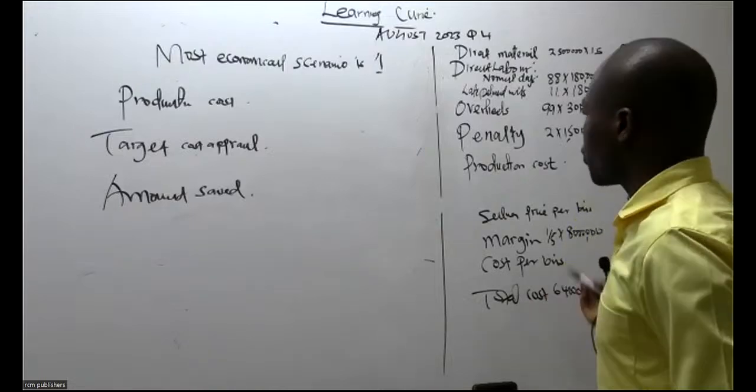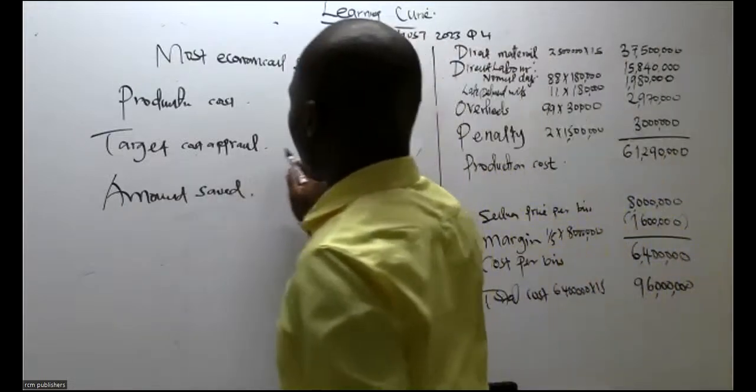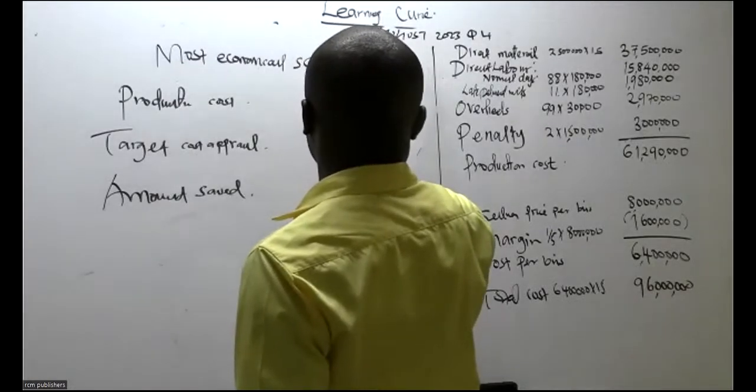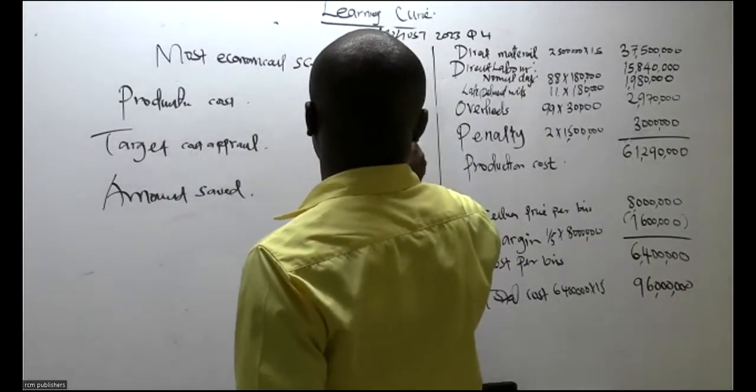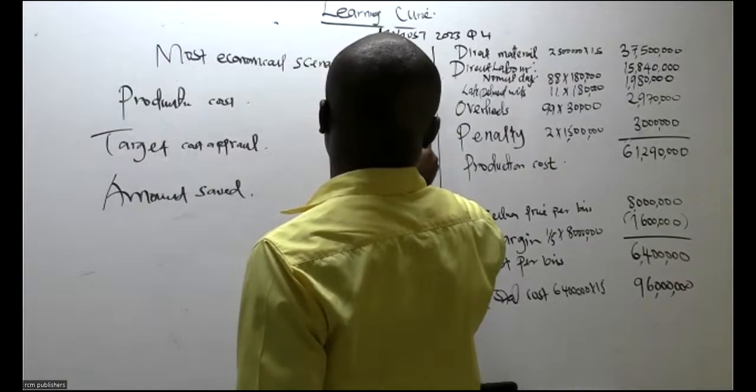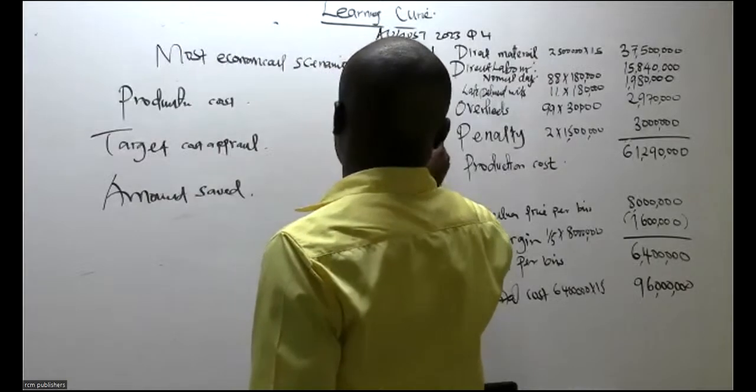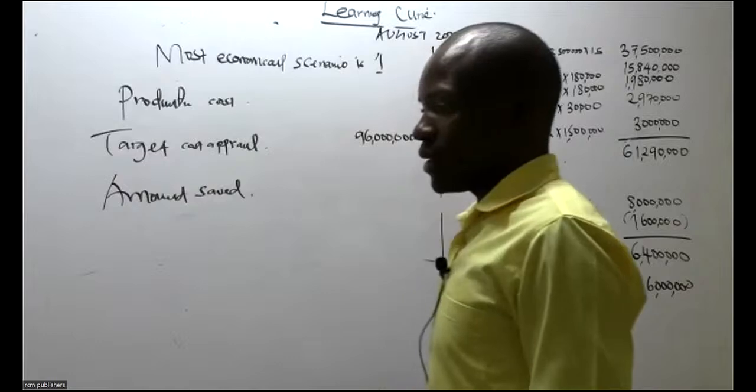If you use the target cost approach, they would have incurred 96 million to provide the 15 buses.